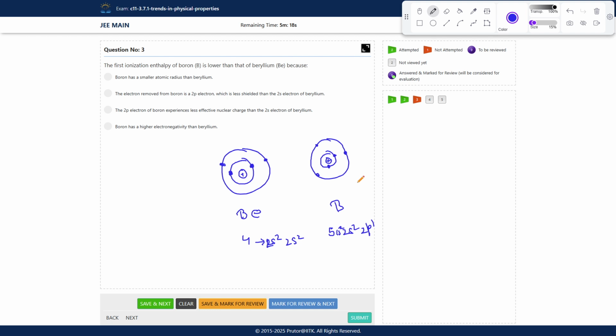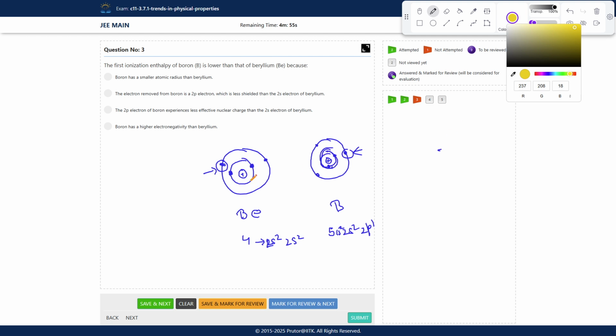Now, when you say that they are less shielded, what is shielding them? You are removing this electron, and in this case you are removing this electron. What is shielding them? This inner part is shielding them. This inner part is similar for both of them, isn't it?